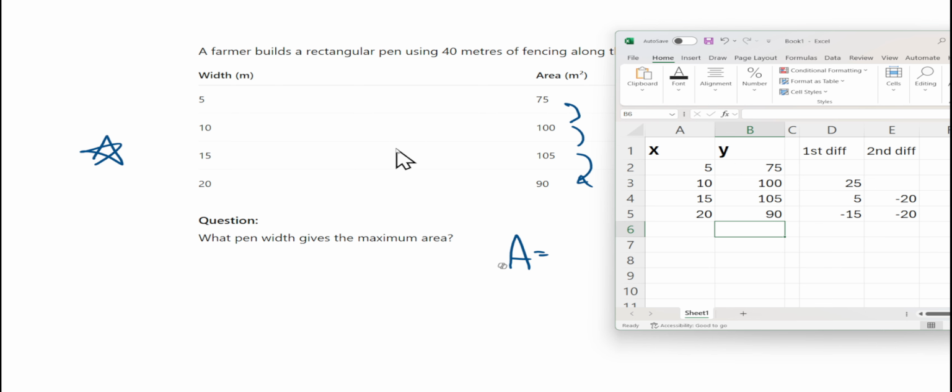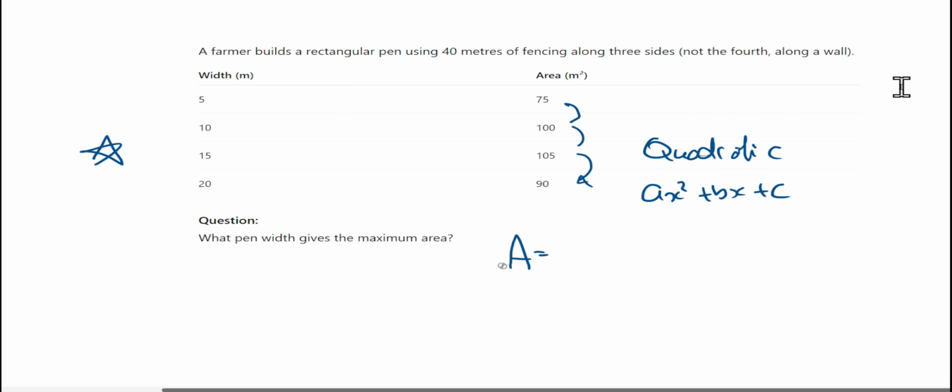So it is quadratic. Okay. So it definitely is quadratic. From here, I'd probably put it in the calculator. In fact, we might as well do that now.